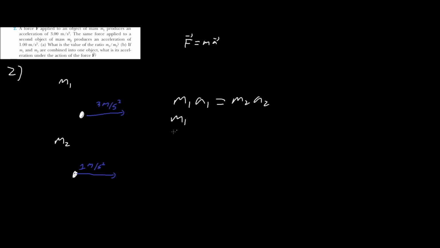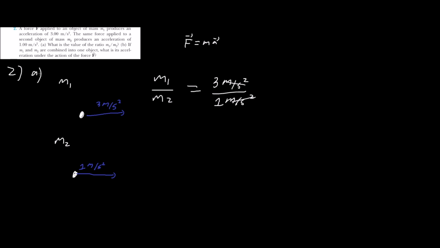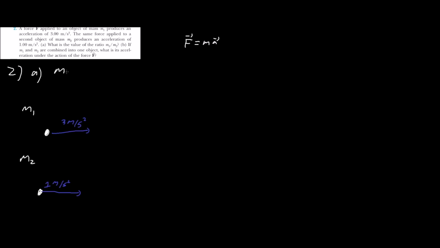So m1 divided by m2 is equal to a2 divided by a1, or 1 meter per second squared divided by 3 meters per second squared. So the answer for part A is that m1 divided by m2 is going to be 1/3. So that's for part A.